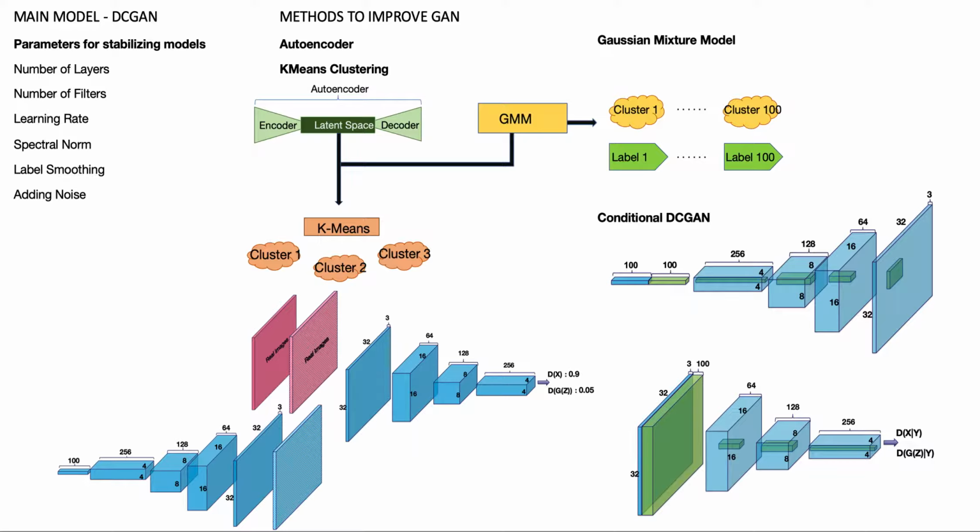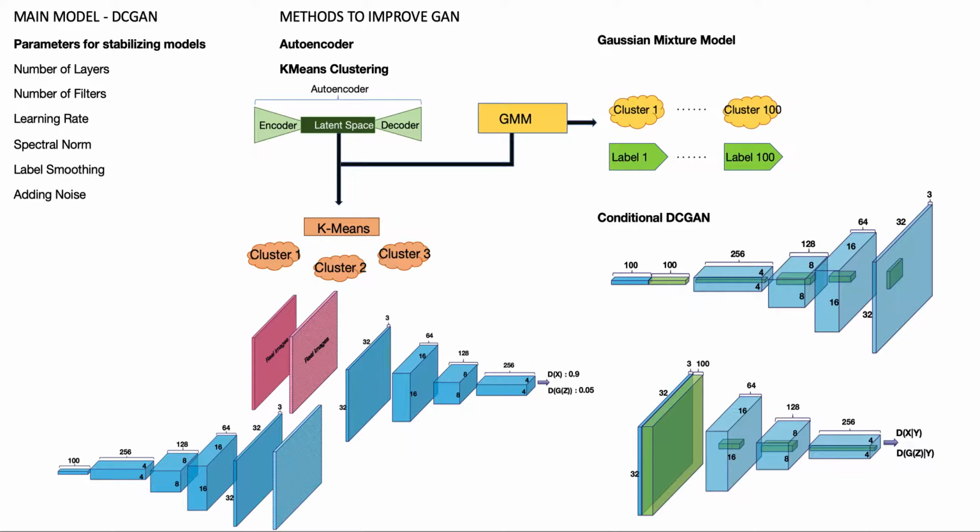I still use the autoencoder to preprocess images in the same way, but instead of k-means clustering, I use a Gaussian mixture model this time, to create 100 clusters and label these images from 1 to 100 based on which cluster they belong to. The labels are encoded into one-hot format.